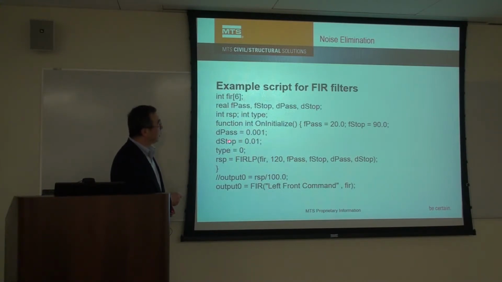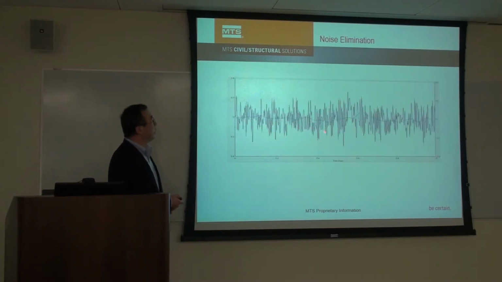You just pick one and copy and paste, and then change some parameters like the passband. Then you have your filter, and the signals, before the filtering pretty noisy, and with the filtering it becomes much smoother.